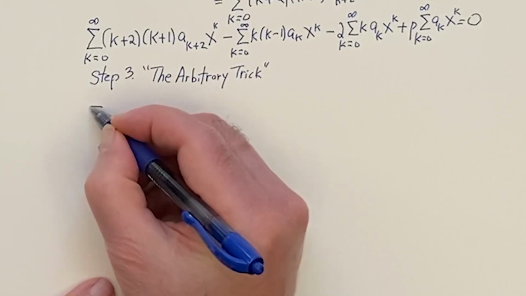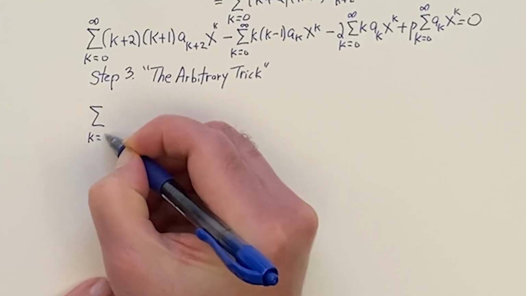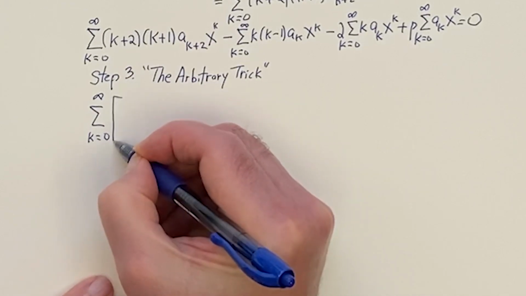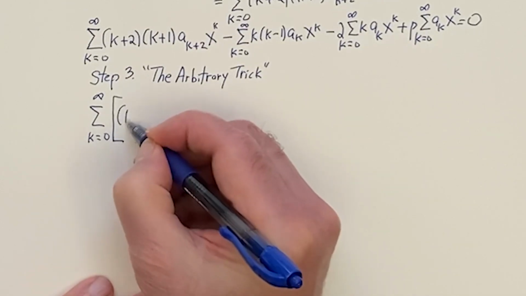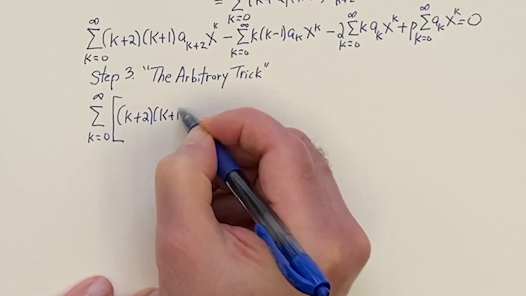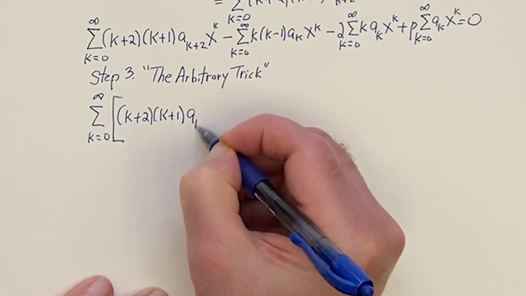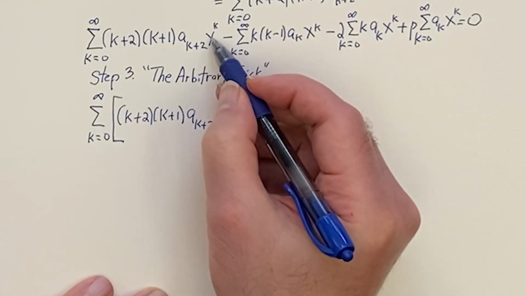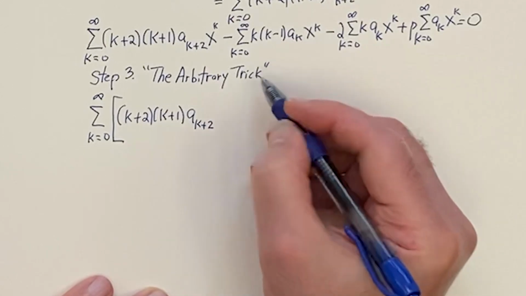So now what we do is we go from k equals 0 to infinity, and it's time for big brackets here. We're going to have k plus 2 times k plus 1 times a sub k plus 2. The x to the k's are going to be factored out.